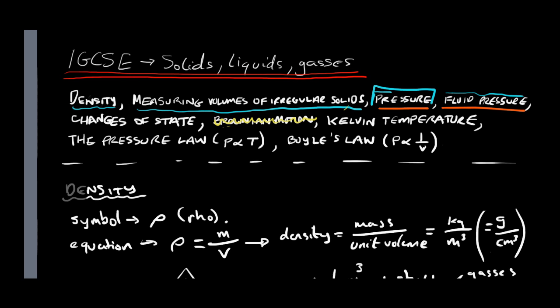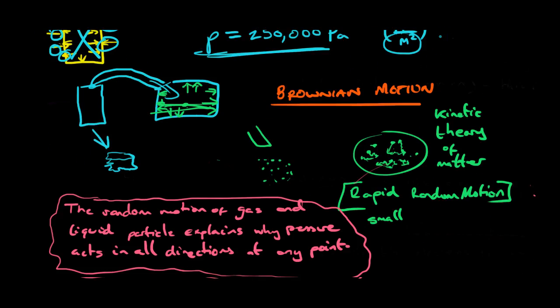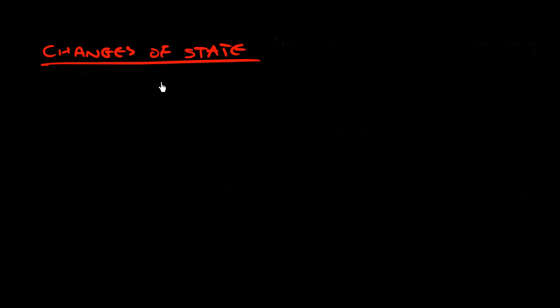So let's find some space to talk about changes of state and what we mean by that. Changes of state. You should know that matter comes in three main states: solids, liquids, and gases.